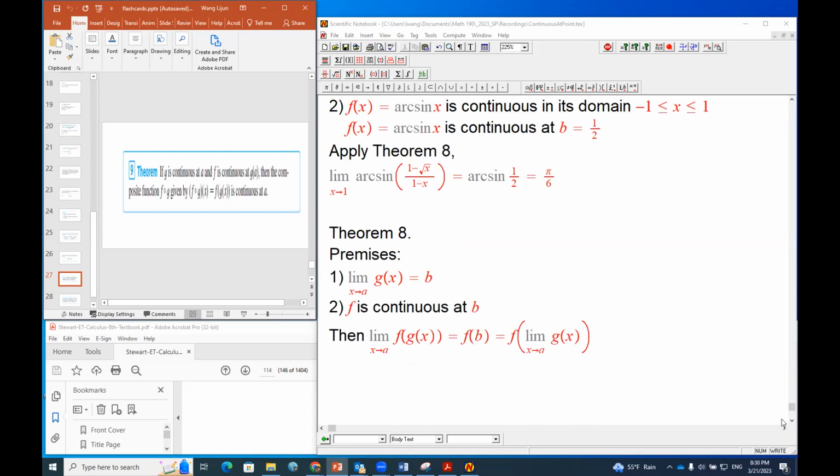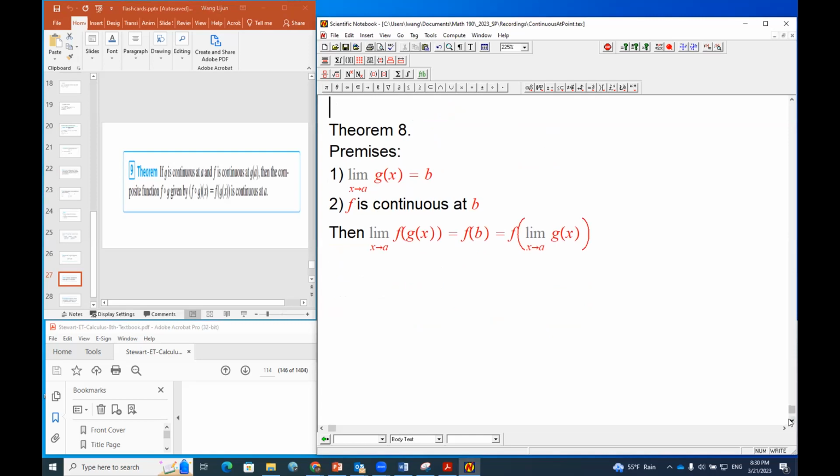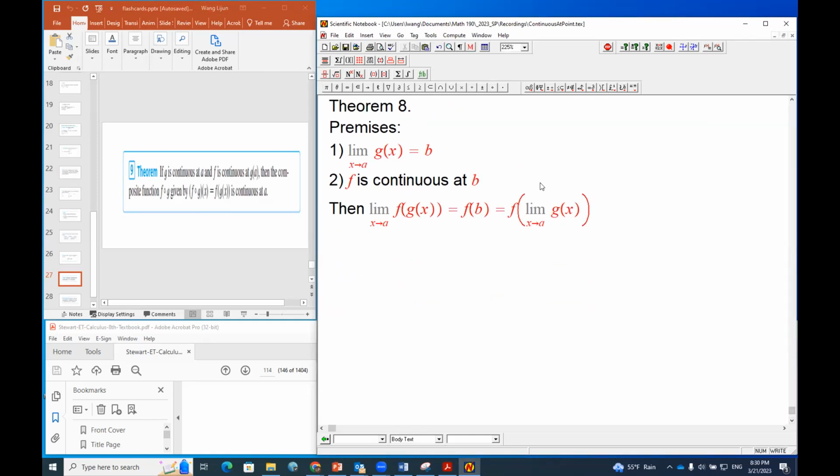Let's compare them. What are the conditions in theorem number 9? First one, g is continuous at a.